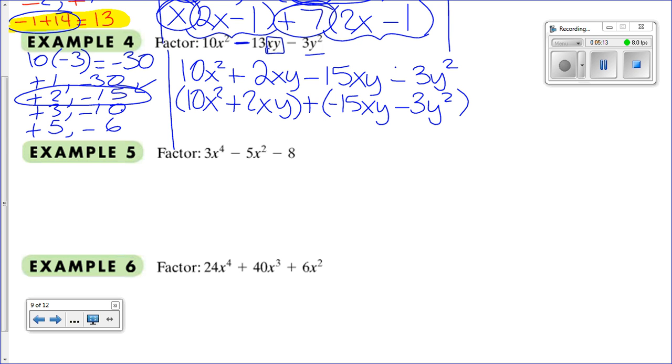So find the GCF of 10x squared plus 2xy. So a number that could be divided by 10 and also by 2. Remember, if one number divides the other, then that number is your GCF.